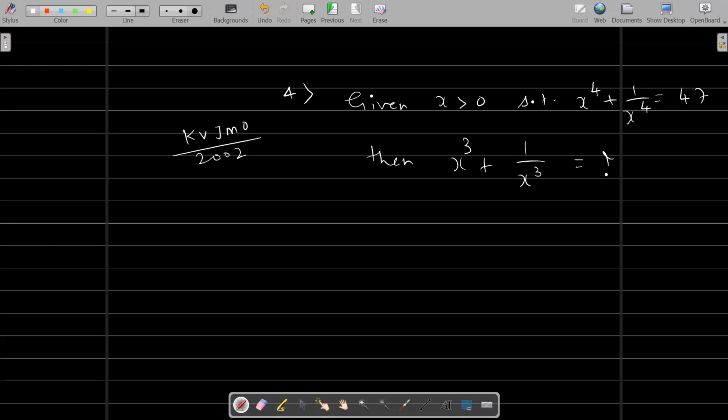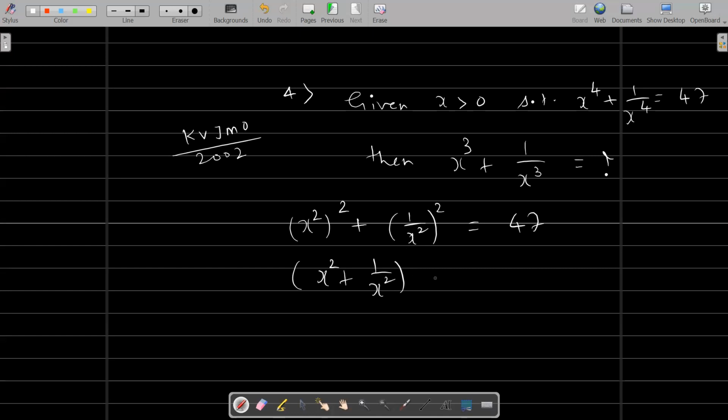So x raised to 4 plus 1 by x raised to 4 can be written as (x square) squared plus (1 by x square) squared, that is 47. Now, if I want to take (x square plus 1 by x square) squared, see that the middle term turns out to be free of x.